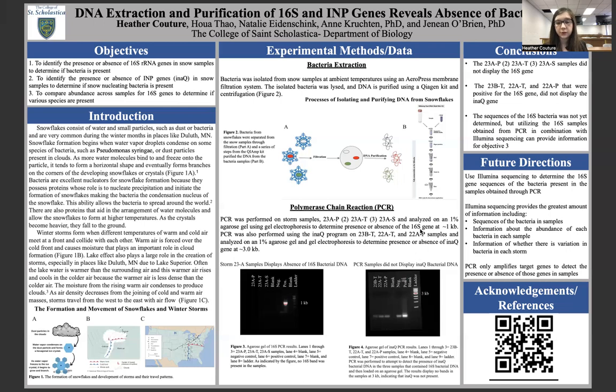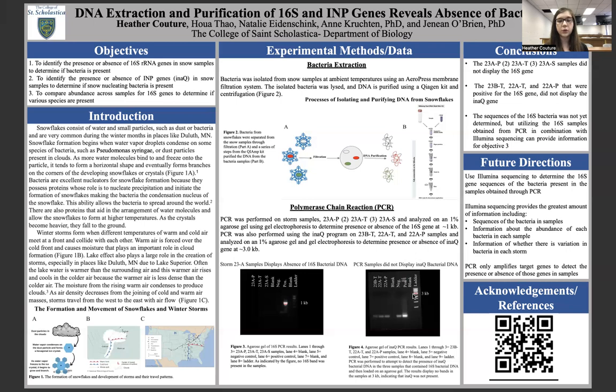And we were specifically looking for the 16S gene, which would be indicated, its presence would be indicated by a band around 1 kb. And our results, shown in figure 3, show that there was no bands at 1 kb seen in any of our samples, which indicate that there was not any bacteria present in our samples.